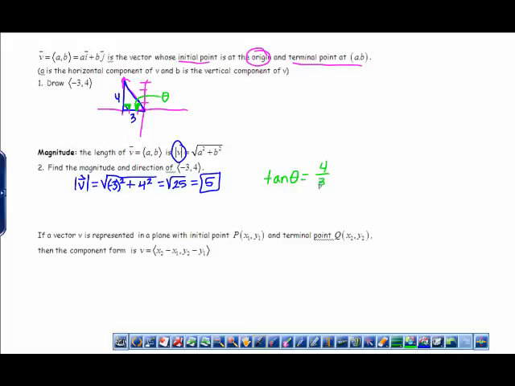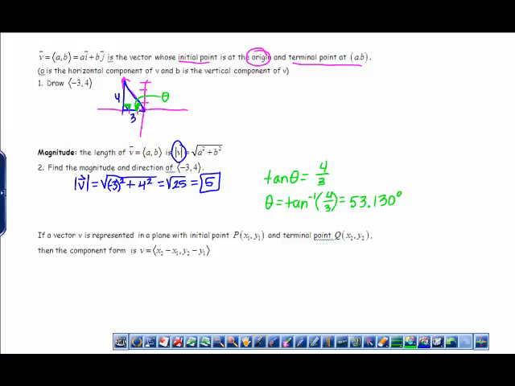And again, I'm not going to even put the negative here because doing so will cause confusion in the next step. So then you're going to take arctan of 4/3. Now this is actually not my full angle, but this is going to give me my reference angle. You type this in, you get 53.130 degrees.